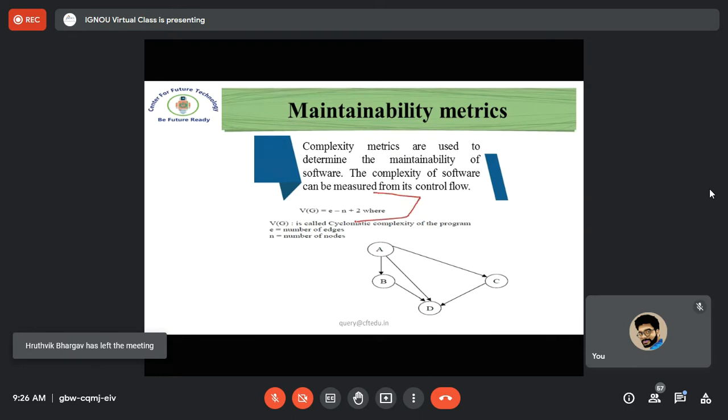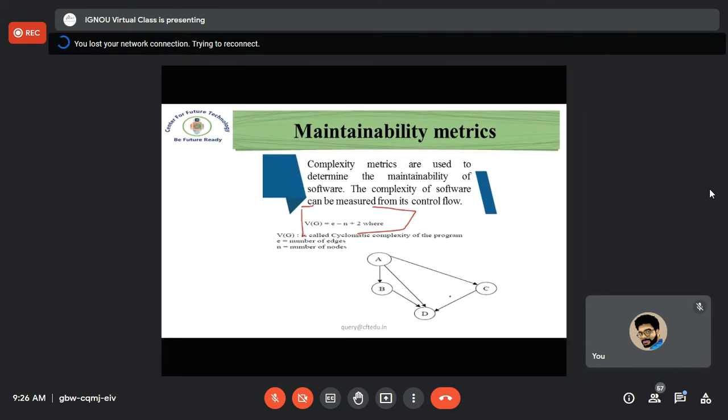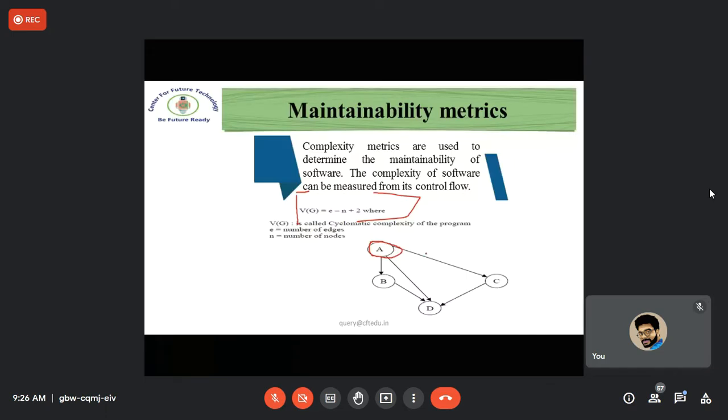We can use this formula. These A, B, C, D reflect the number of activities. After knowing this, the graph has vertices and edges; this node is represented as a vertex, and this line is called an edge.